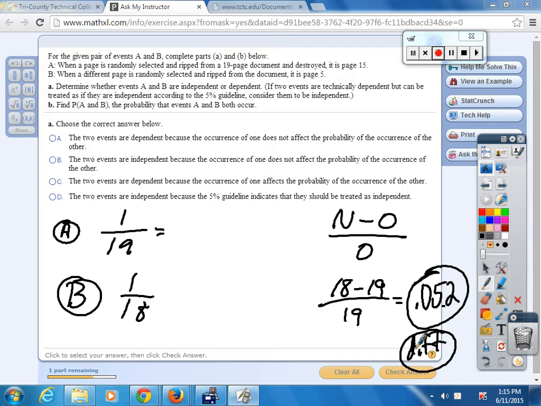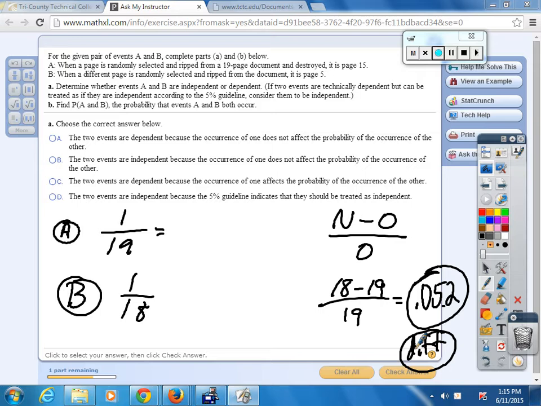Okay, so choose the answer correct below. When a page is randomly selected, that'd be 1 out of 19. So you just do 1/19 times 1/18. No, the question is not asking for a number. The question is asking, it'd be they're dependent on each other. Yeah, because you pulled one out of the other.